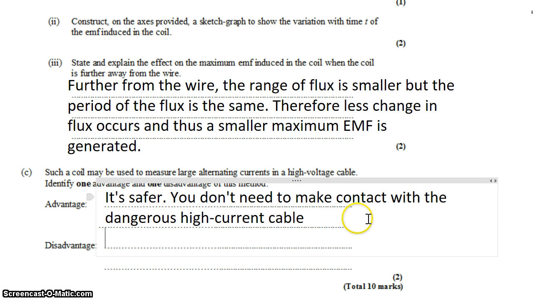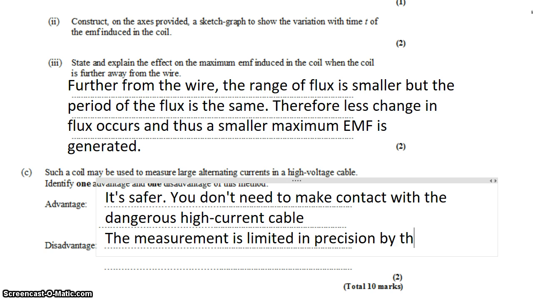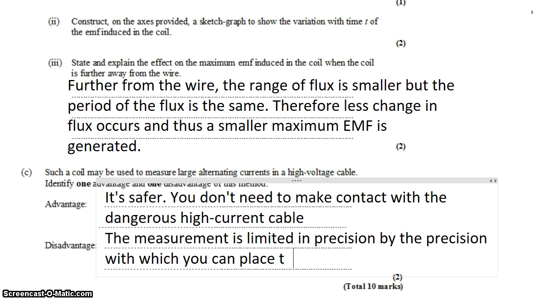But it does have a disadvantage, and the disadvantage is that the measurement is limited in precision by the precision with which you can place the measurement loop, with the precision with which you can place the coil.